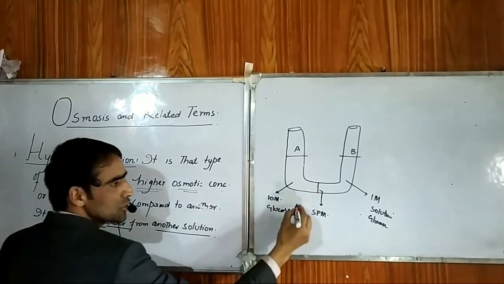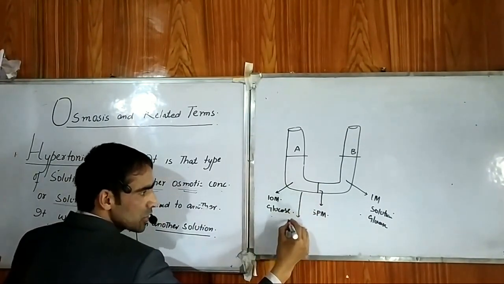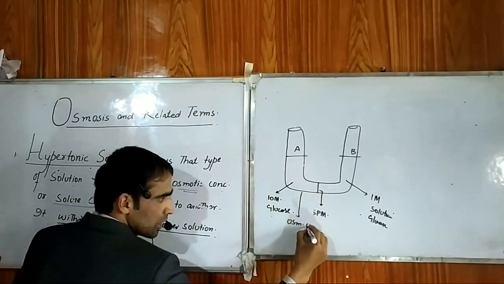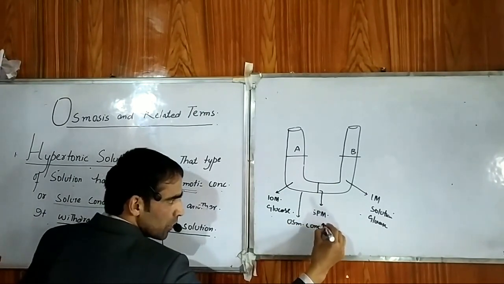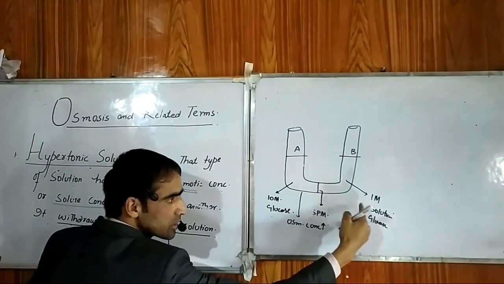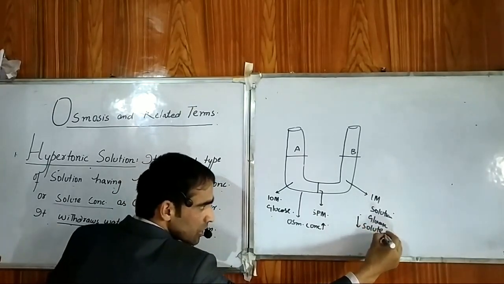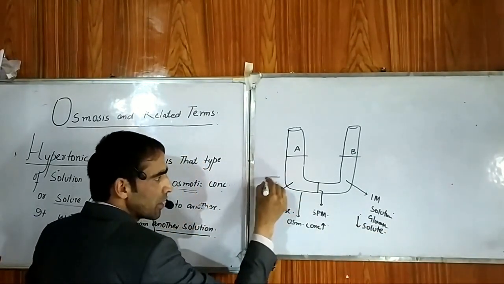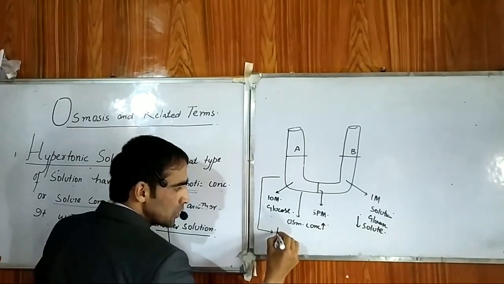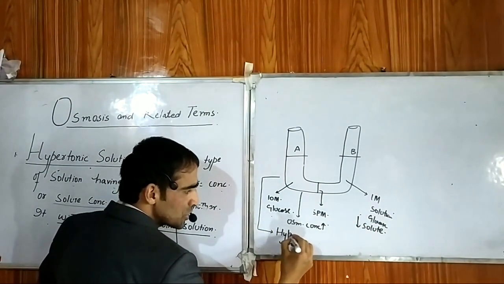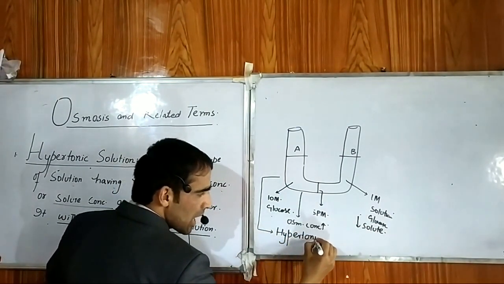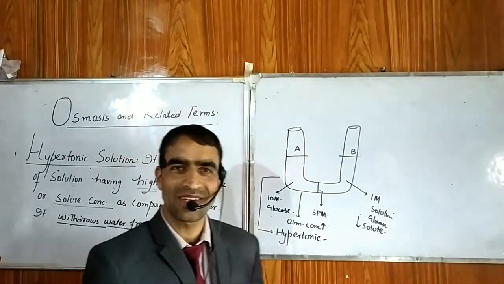hypertonic. From this point, I will say its osmotic concentration, its solute concentration will be more. In comparison to another, its solute concentration or osmotic concentration will be less. Please remember, you have to qualify that this solution is called a hypertonic solution.